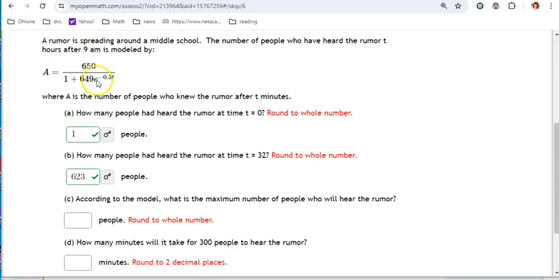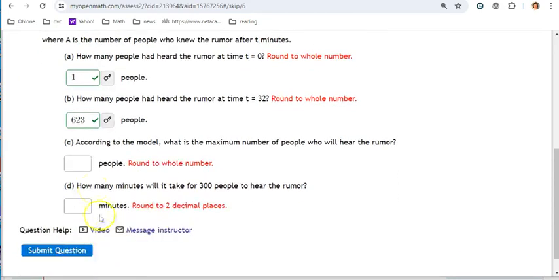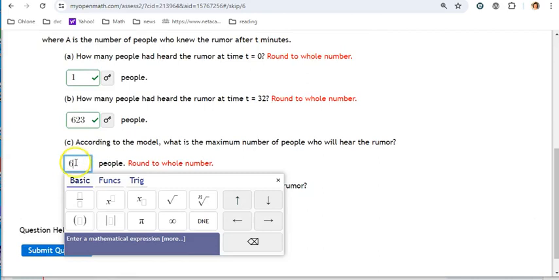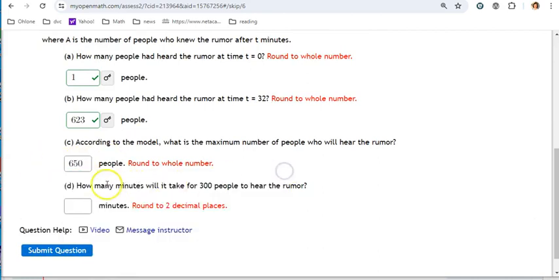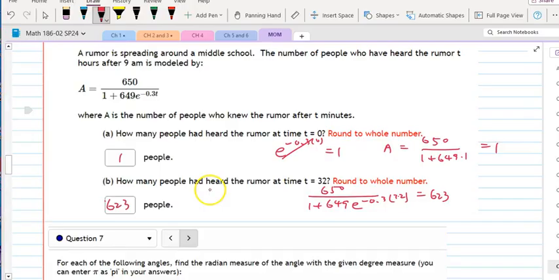And then what is the maximum who can hear the rumor? So at maximum, e to the negative 0.3t is 0. So 650 divided by 1 is everyone. And how many minutes would it take for 300 people to hear the rumor?